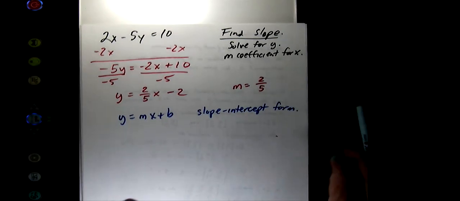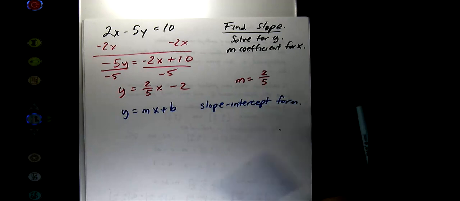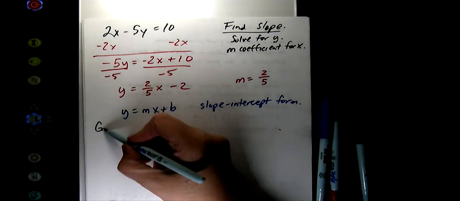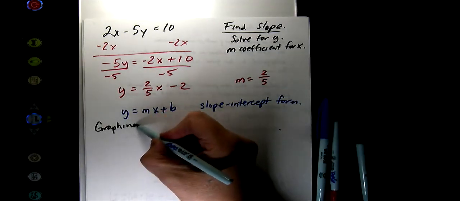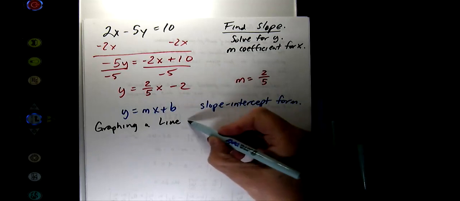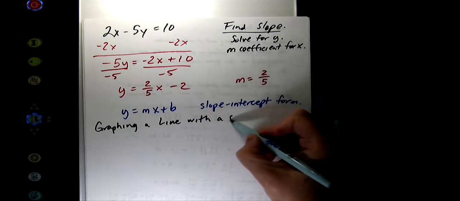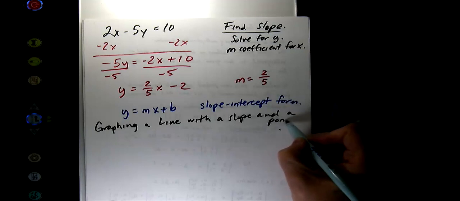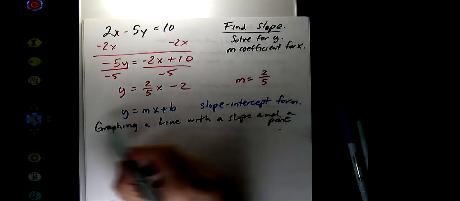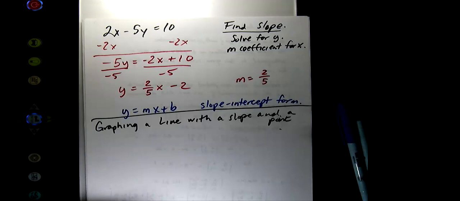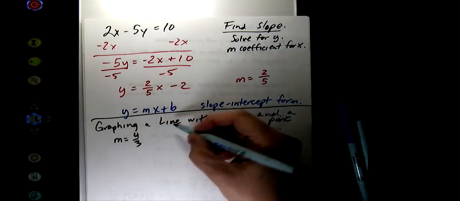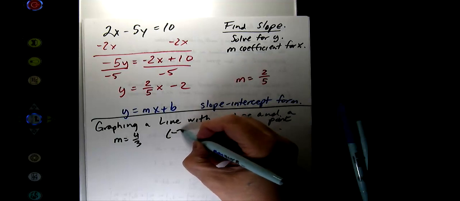So how do we graph a line if we've got a slope and a point? Let's say m equals 4/3, and we've got the point -2, -3.